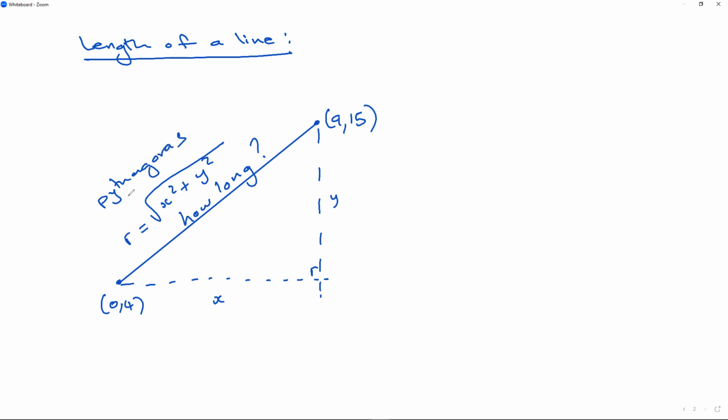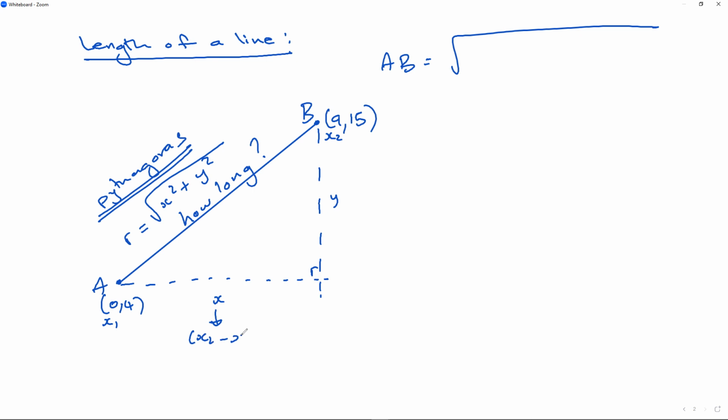Using that same idea, the formula for the length of a line AB is equal to the square root of x2 minus x1, squared, plus y2 minus y1, squared. And that's what I'll end up at.